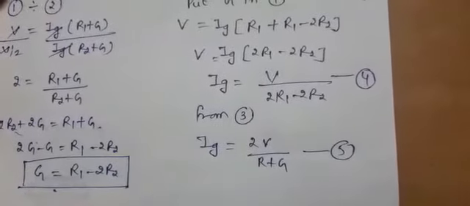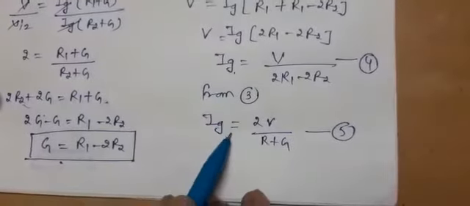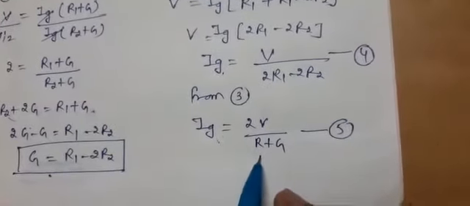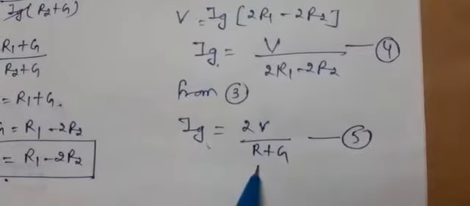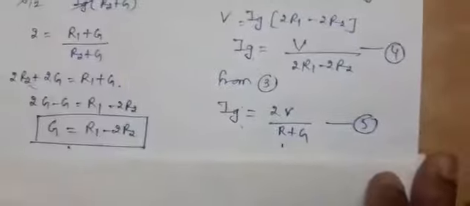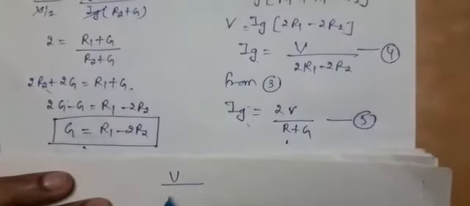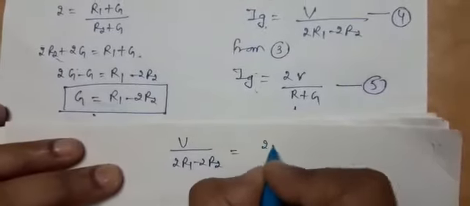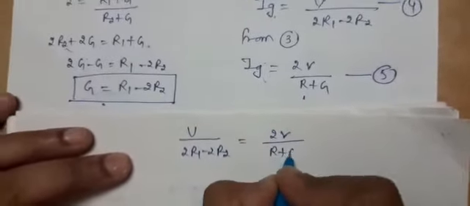What we have to do is just compare these equations. Now definitely you will calculate the value of R in terms of R1 and R2. So first of all I will equate these two equations: V upon (2R1 minus 2R2) equals 2V upon (R plus G).